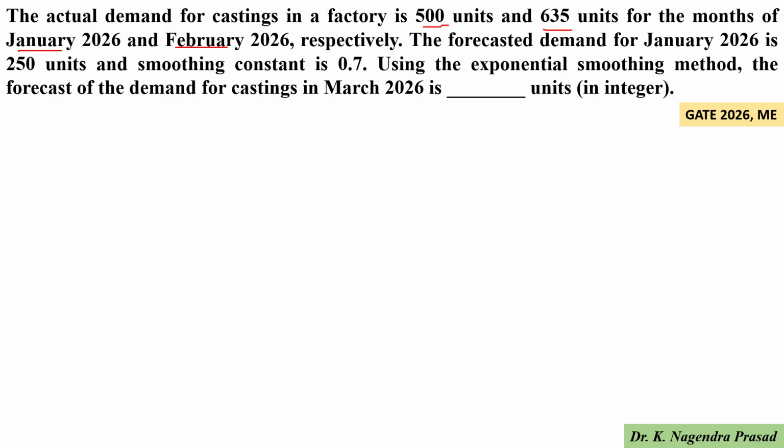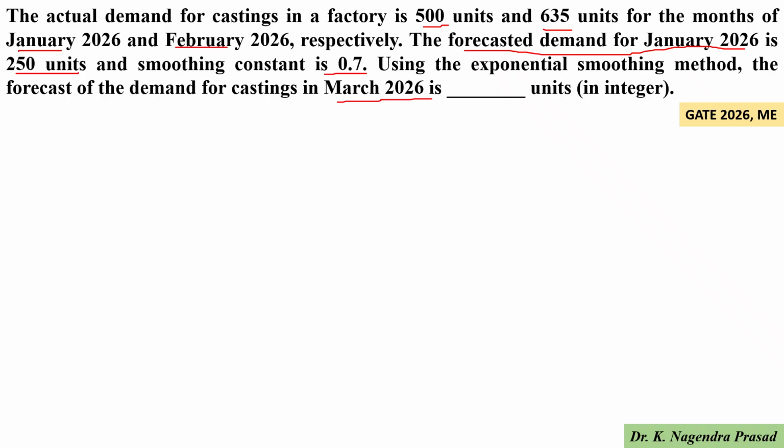The forecasted demand for January 2026 is 250 units and the smoothing constant is 0.7. Using the exponential smoothing method, the forecast of the demand for casting in March 2026 is dash units.